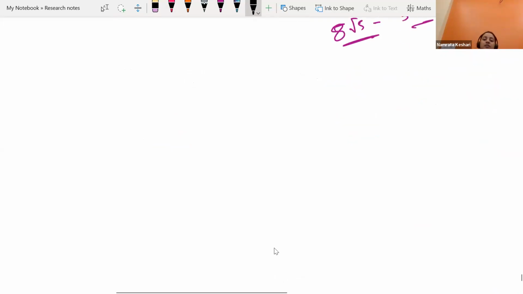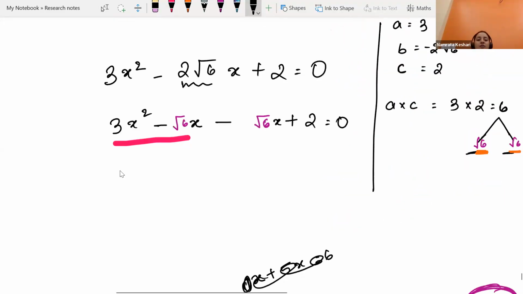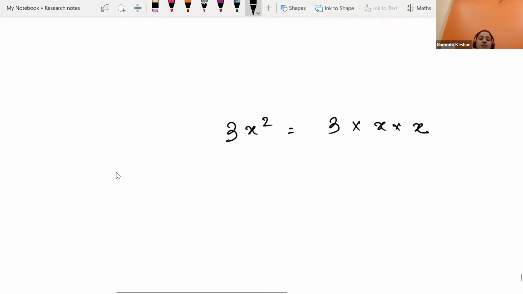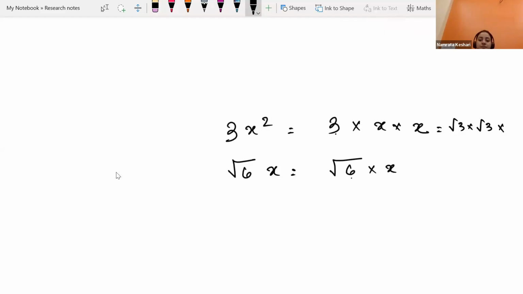Let's do it. 3x square means 3 into x into x. The other term is root 6x. Root 6x means root 6 into x. But now we will think, is it possible to still split this 6 root 6, or maybe 3 as a root 3 into root 3? Will it work over here?